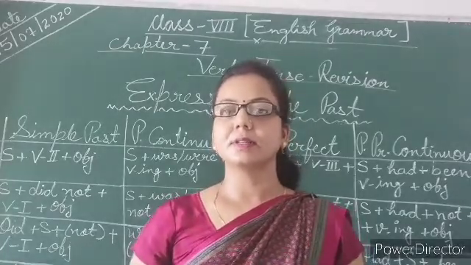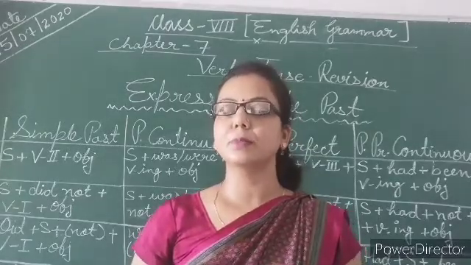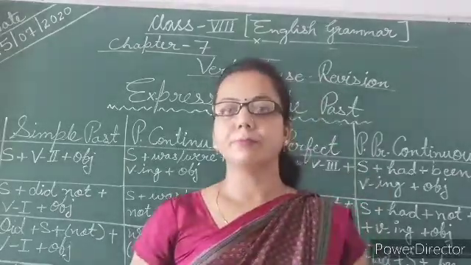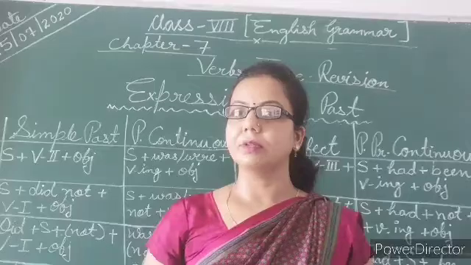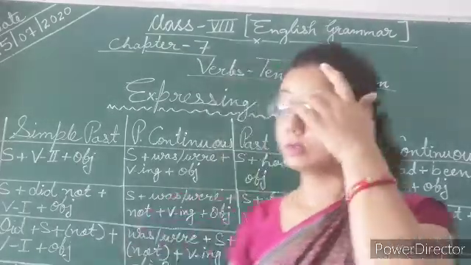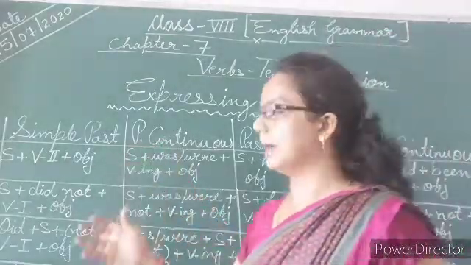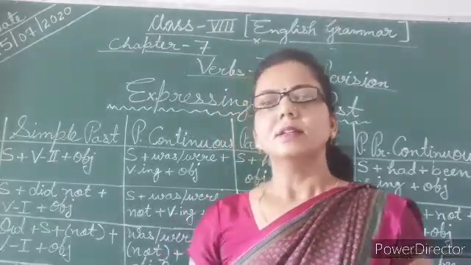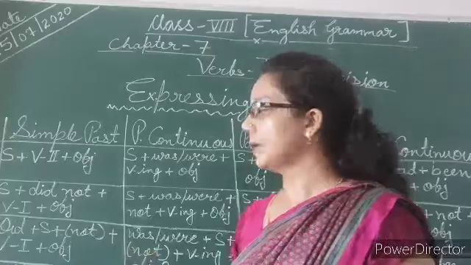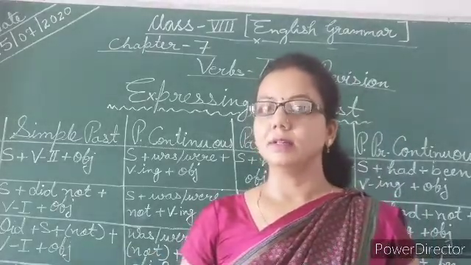So my dear students, let's begin with simple past. The simple past is the most important part in the group of past tense. This is very easy and very important also. In simple past, in the same way as simple present, we also talk about habitual things, but that is already done.